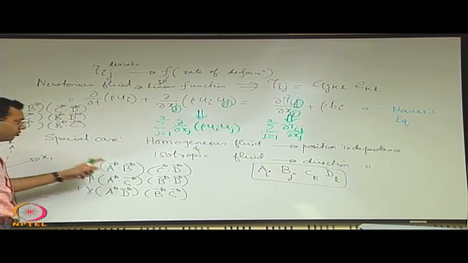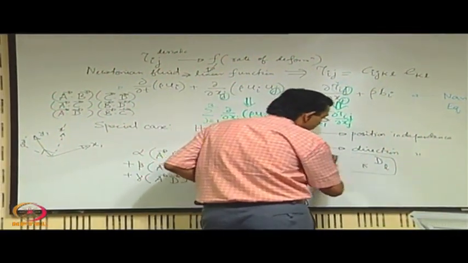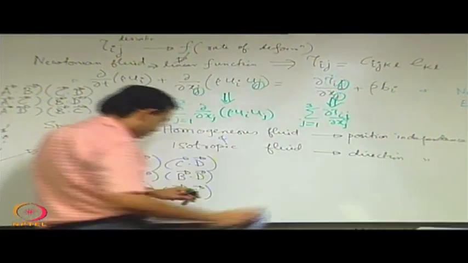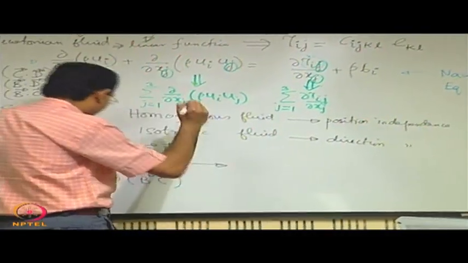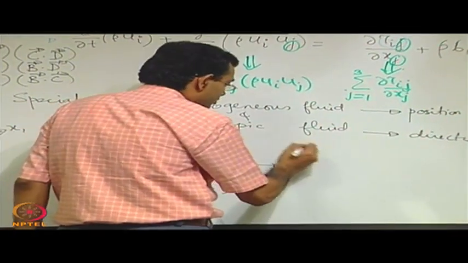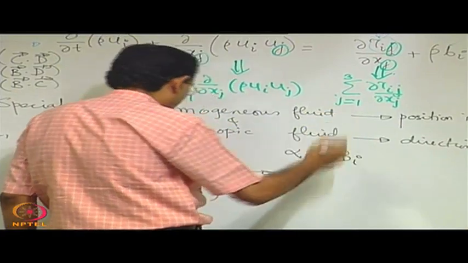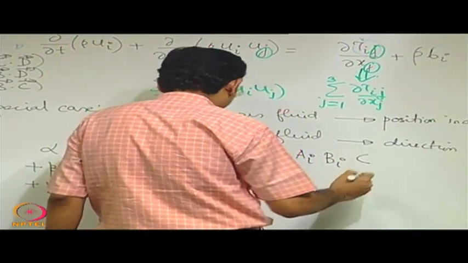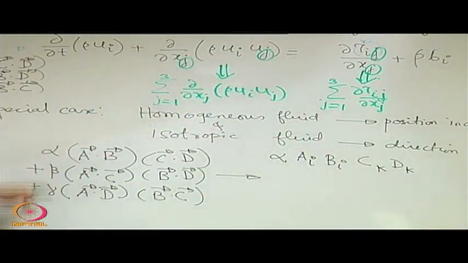So now we will write it in terms of the index notations. How are we going to write it? We are going to write it in this way. This is the first term that we are writing.